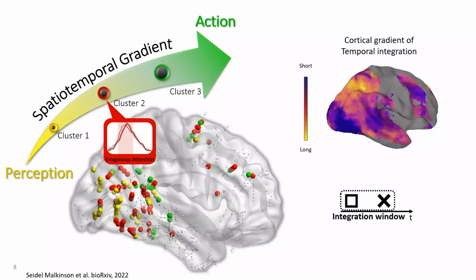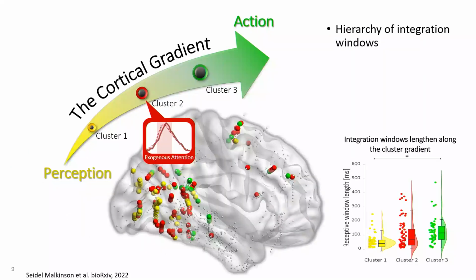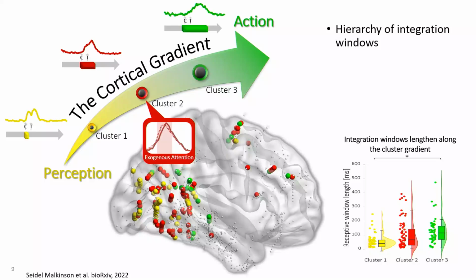We checked this along our cluster gradient and found that the contacts indeed show longer and longer receptive windows. And this could be the basis for one of the observations that we see: in the lower clusters, the lower levels of this gradient, responses to stimuli that are close in space and close in time are segregated. But as we move up this cluster gradient, the responses become more and more integrated.